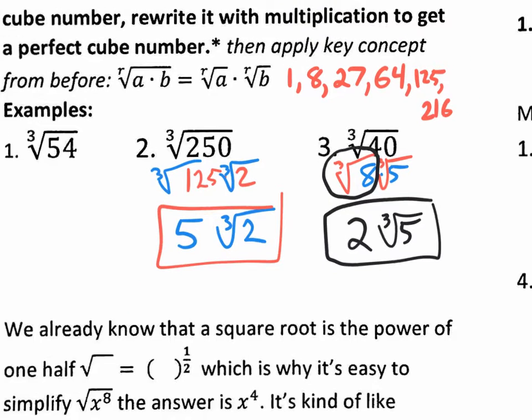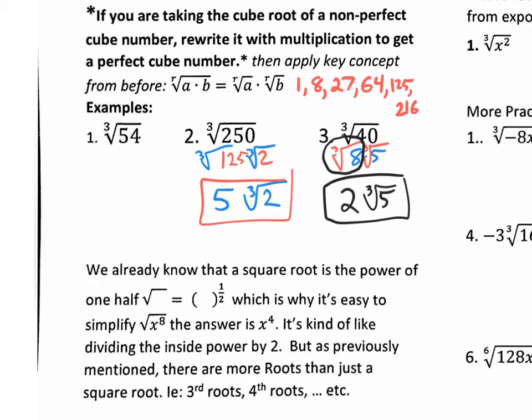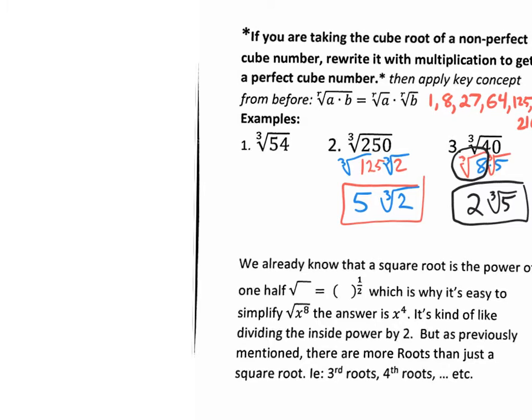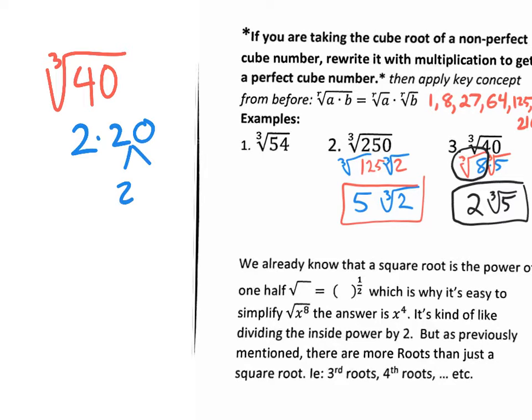Okay? Anyway, let's say you wanted to do number 3 with the factor tree. The cube root of 40, just to show you. The cube root of 40, put a 3 right there. So if you just start breaking it down, 2 times 20, 2 times 10, 2 times 5. And we're dealing with cube roots, and we look at what we have.